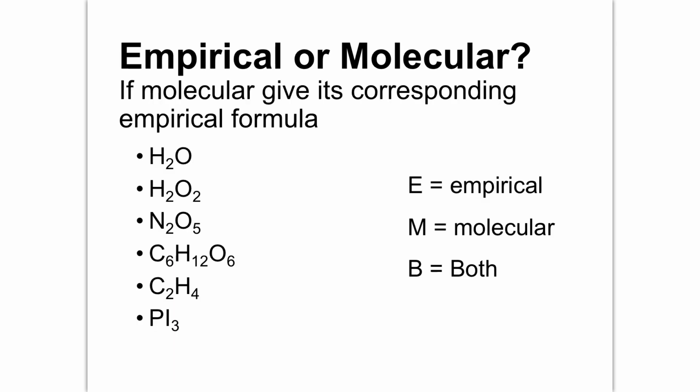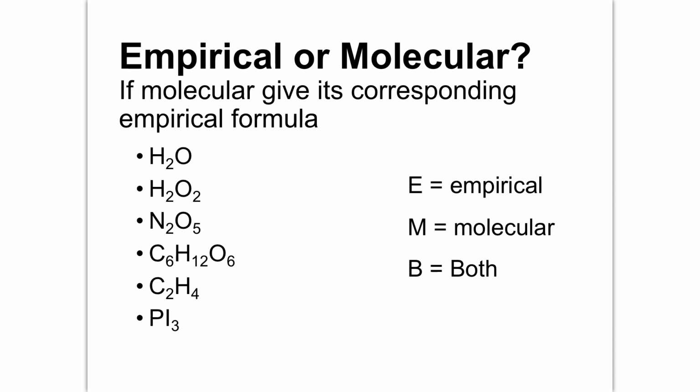Okay, so let's see how you do on mastering that concept. You're going to now stop the video when I tell you to and copy these down, and then you're going to write empirical or molecular. If it's a molecular formula, you're going to then further reduce it until you get to the empirical formula.